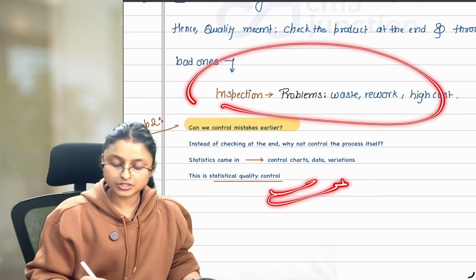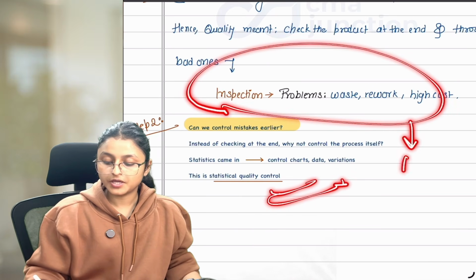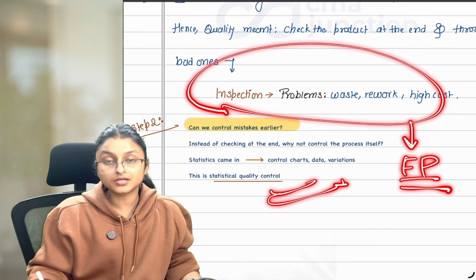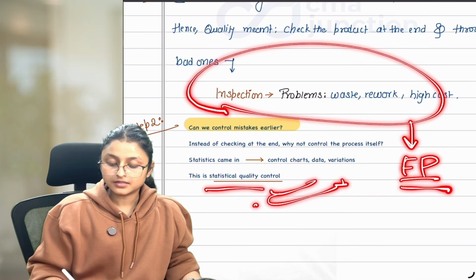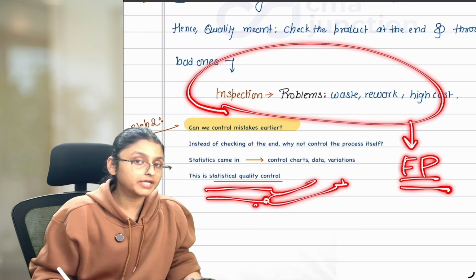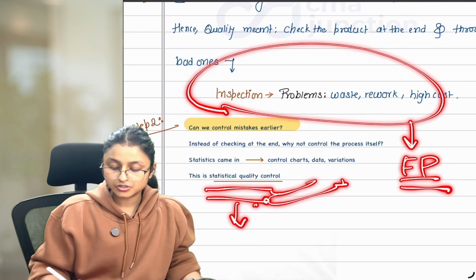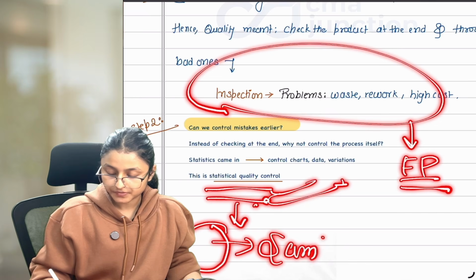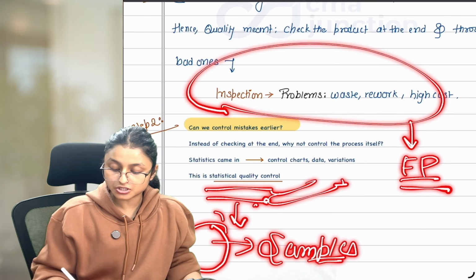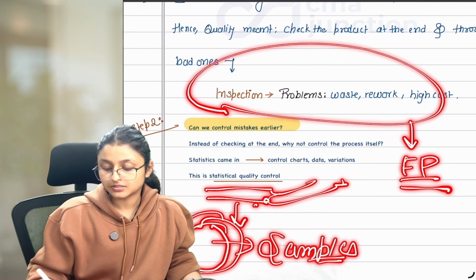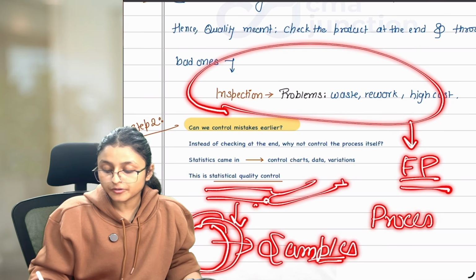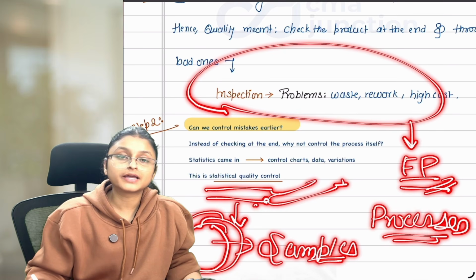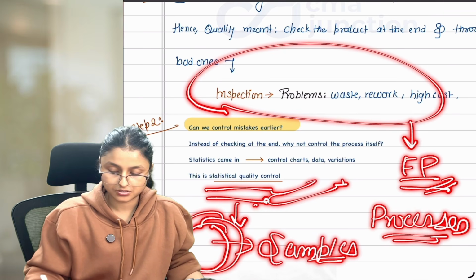So the first thing which came in was inspection, where we were checking only the final product. Then the statistical quality control technique came, on which from a batch of product we are checking only samples, and on the basis of sample we are judging the whole batch, plus we are checking in between the processes, not only at the end of production.